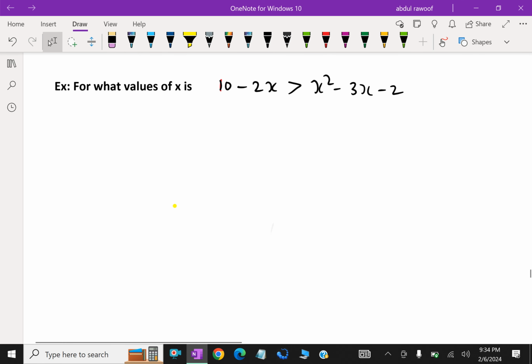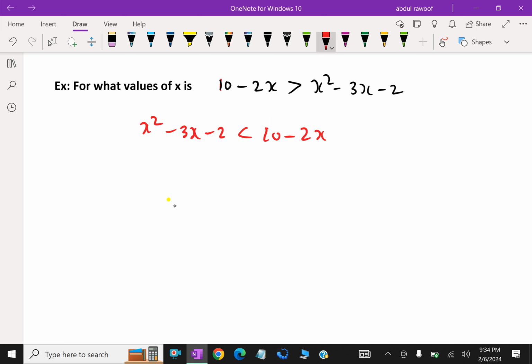Next question. For what values of x is 10 minus 2x greater than x squared minus 3x minus 2? Look at here, we rewrite this: x squared minus 3x minus 2 is lesser than 10 minus 2x.